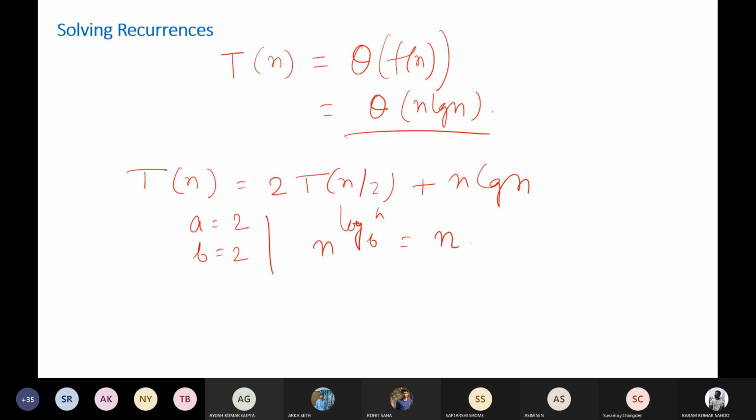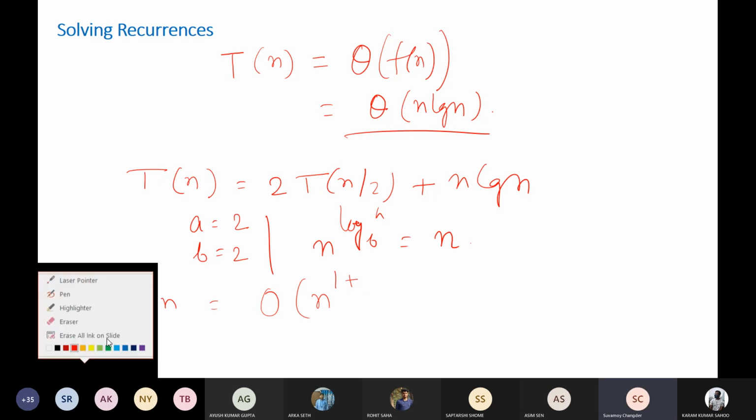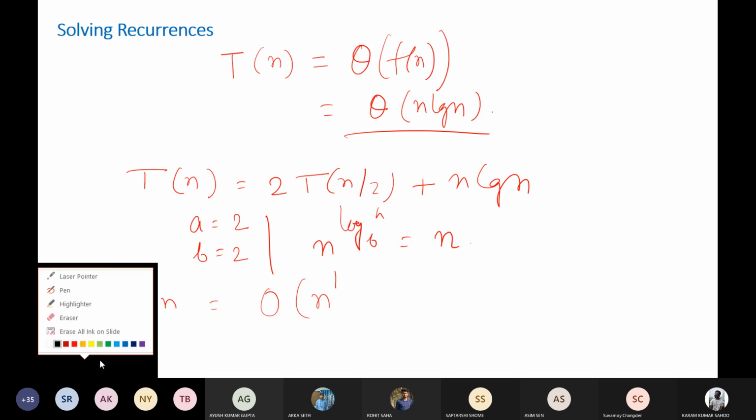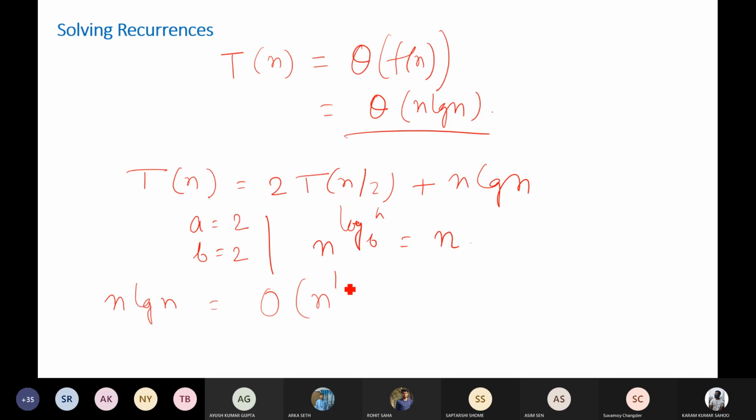Now, is it possible to write n log n as big O of n to the power 1 minus epsilon?